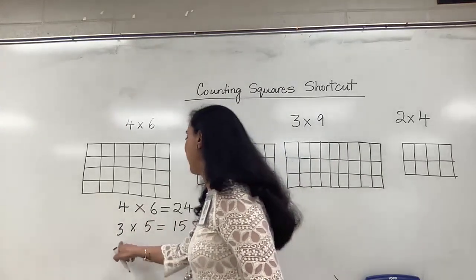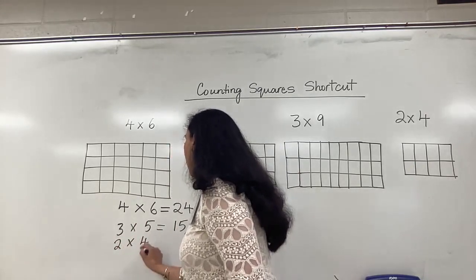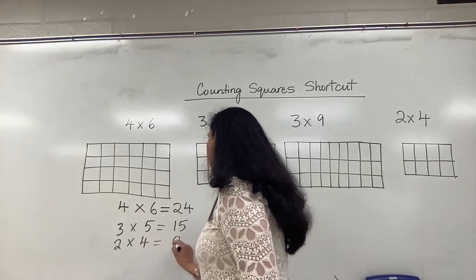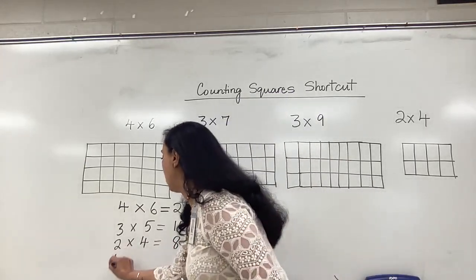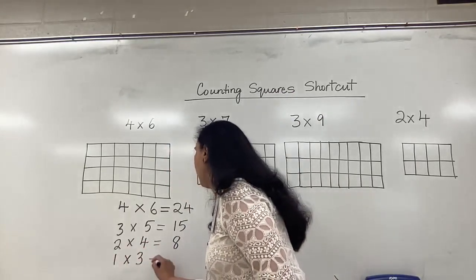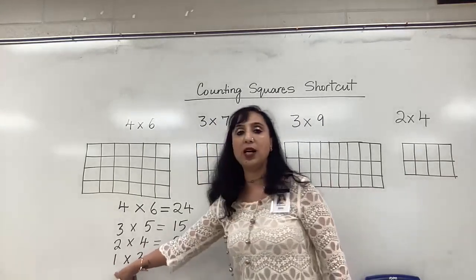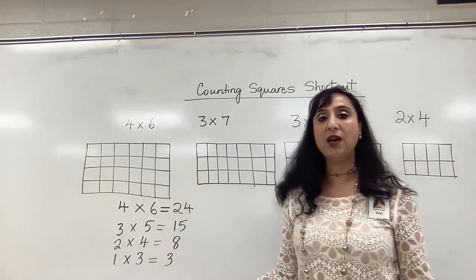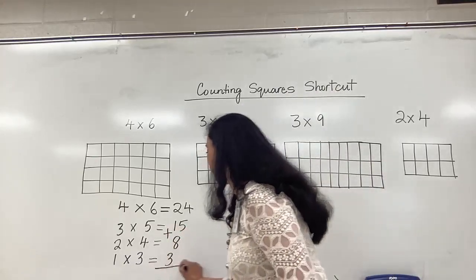Then I take 1 less than 3, which is 2, 1 less than 5, which is 4, 2 times 4 is going to give me 8. Then I take 1 less than 2, which is 1, times 1 less than 4, which is 3, and I get 3. Cannot go any lower than the 1. So then we stop over here, and all I do is I add all these up.